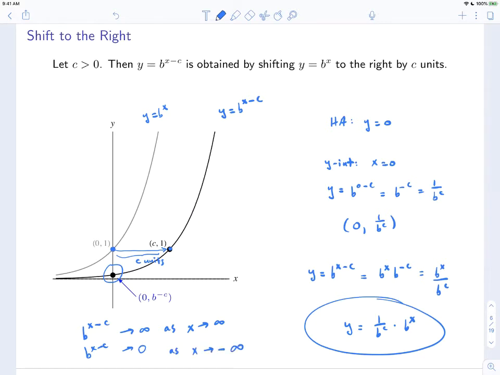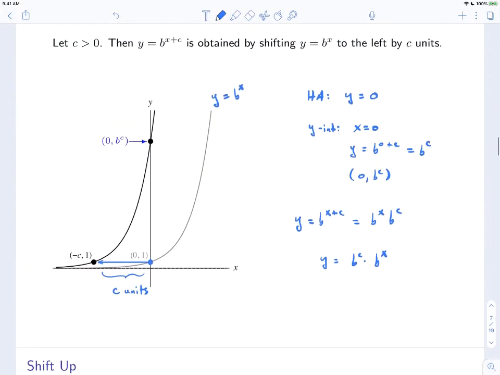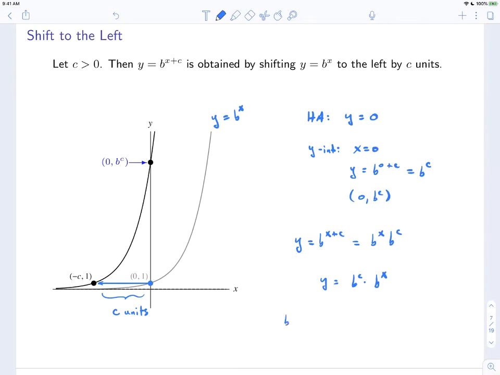So it's the same end behavior. That doesn't change. And it's also true of shifting to the left. So b to the x plus c goes to infinity as x goes to infinity, and b to the x plus c goes to 0 as x goes to negative infinity.